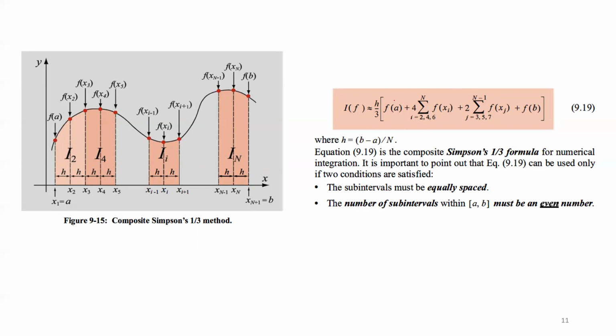So what is that guy? So we have f of a. So where's f of a? Yeah, the initial one right there. And we have f of b. Where's that one?